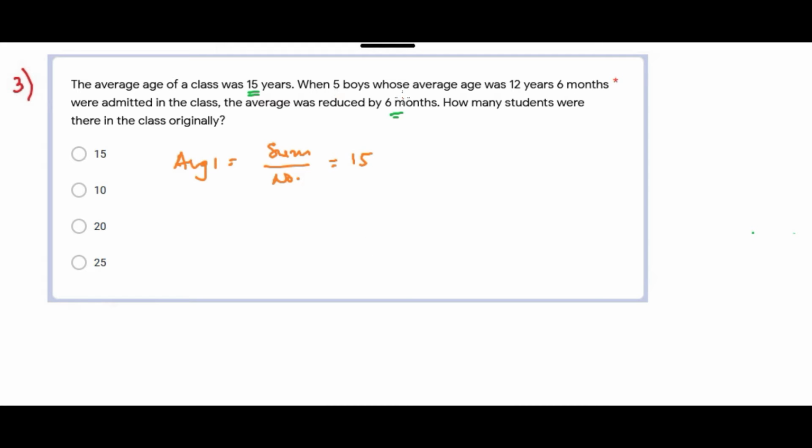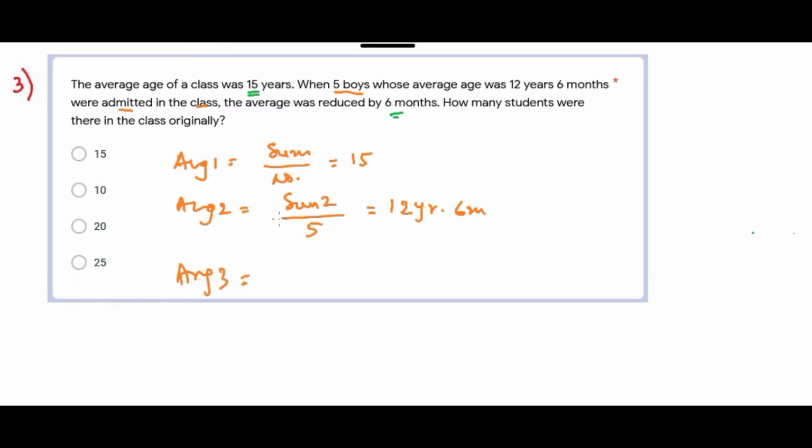When 5 boys whose average age was 12 years 6 months were admitted in the class, average 2 is equal to sum 2 divided by 5, since 5 boys are added, is equal to 12 years and 6 months. Now average 3 is the average that was reduced by 6 months. So previously if we have some number of students, now 5 boys have been added.